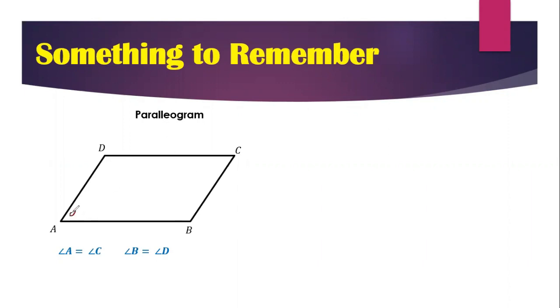Let's say this one is alpha. So automatically, angle C is alpha. When we say angle B is gamma, so automatically angle D is gamma.